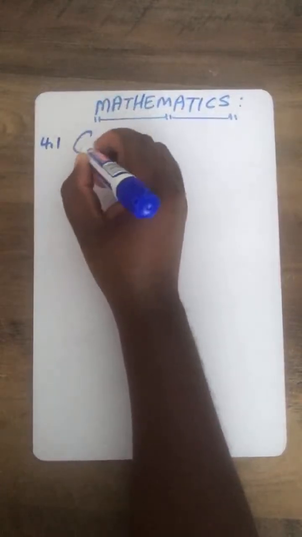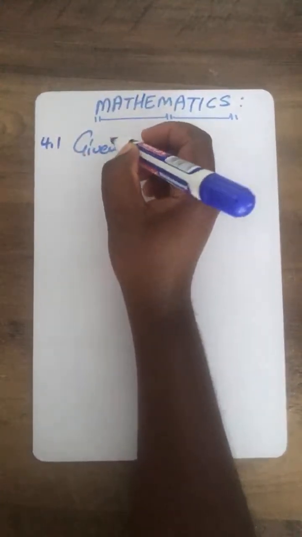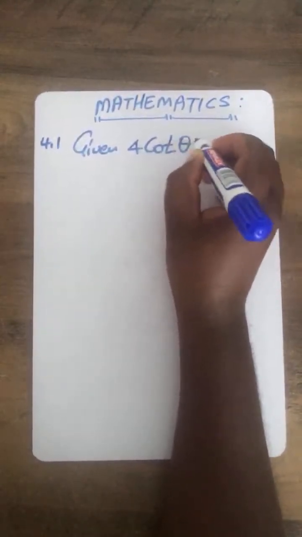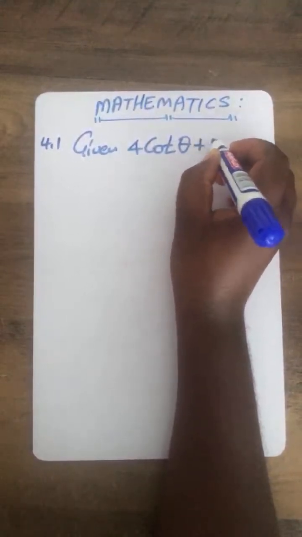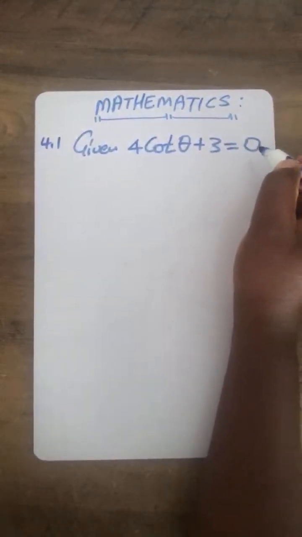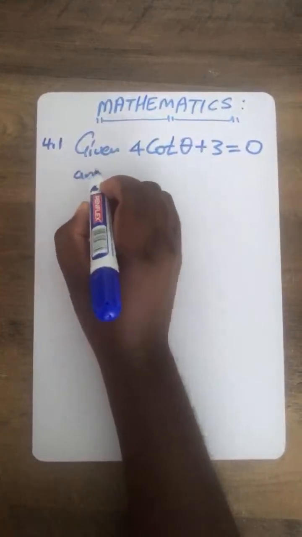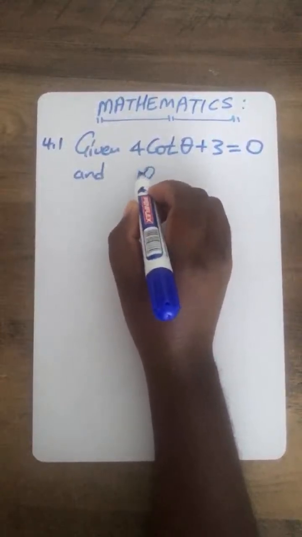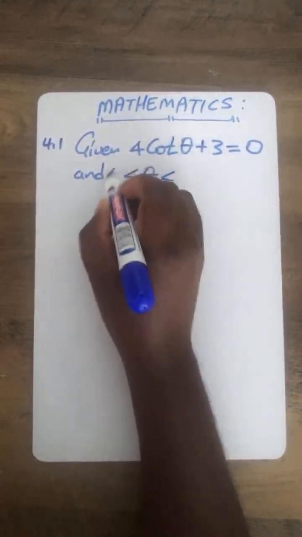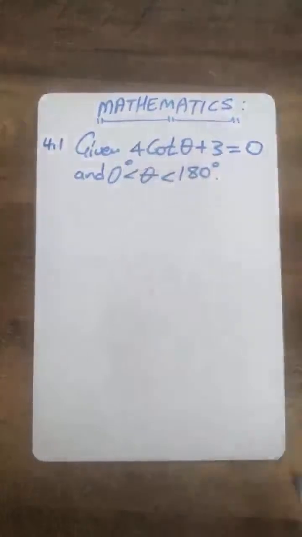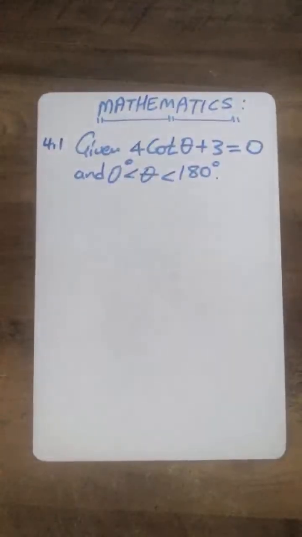Normally, this is a trigonometric type of question where they say: you are given 4 cot of an angle theta plus 3 equals 0, and where theta is between 0 degrees and 180 degrees. This is what you would be given, honorable members.